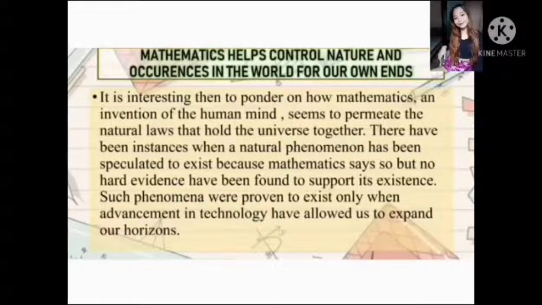There have been instances when a natural phenomenon has been speculated to exist because mathematics says so, but no hard evidence has been found to support its existence. Such phenomena were proven to exist only when advancement in technology allowed us to expand our horizons.